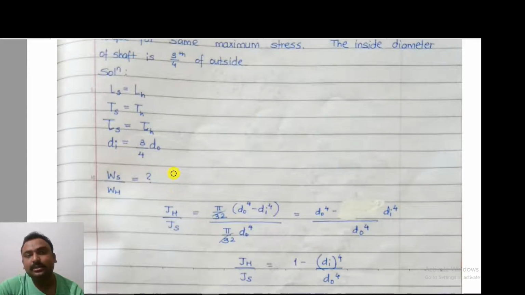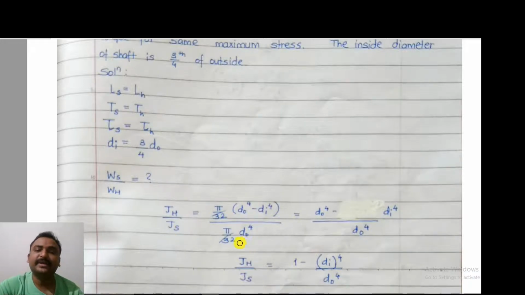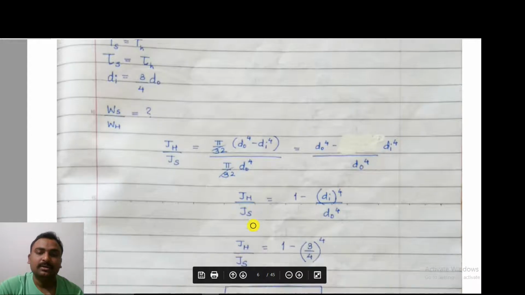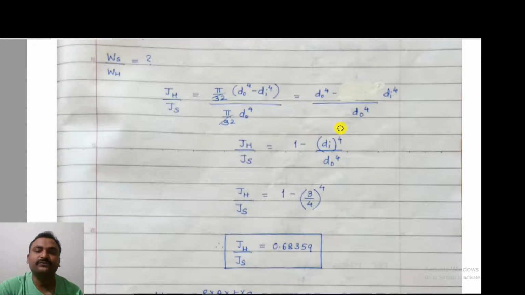We can take a ratio of the polar moment of inertia of the hollow shaft and the polar moment of inertia of the solid shaft: pi by 32 into (d o raised to 4 minus d i raised to 4) upon pi by 32 d o raised to 4. Putting the relation between d o raised to 4 and d i raised to 4, we get the ratio of J h upon J s as 1 minus (d i upon d o) raised to 4, which will be 3/4 raised to 4.